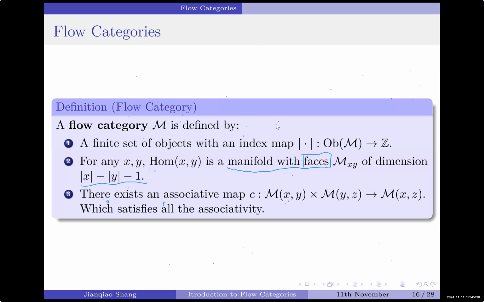Oh, maybe I forgot. Yeah, I forgot a very important sentence here. So I ask that the order image of C is a system of phases.